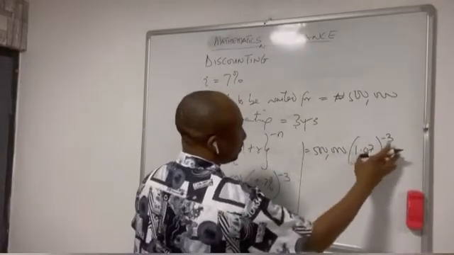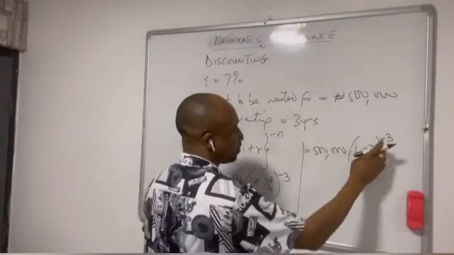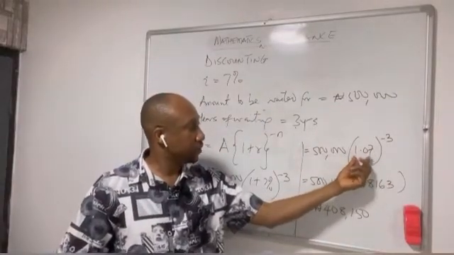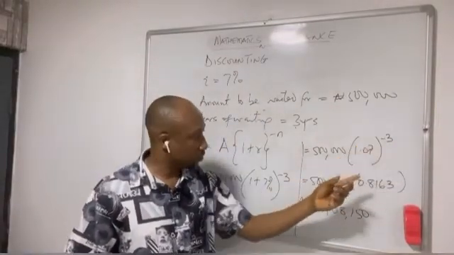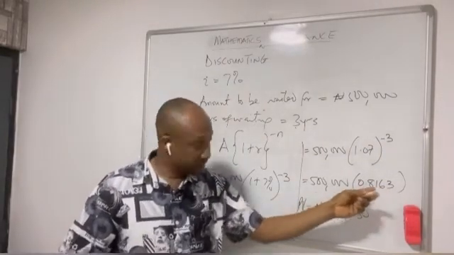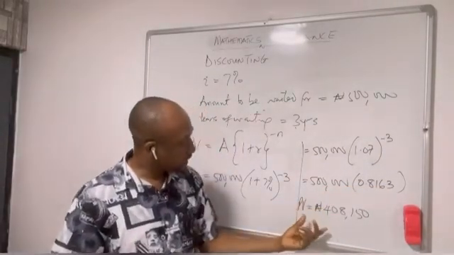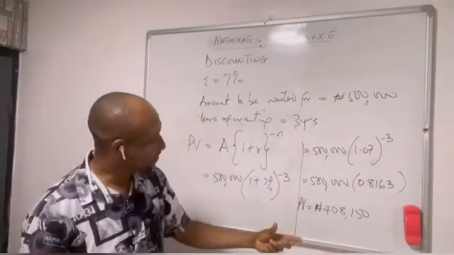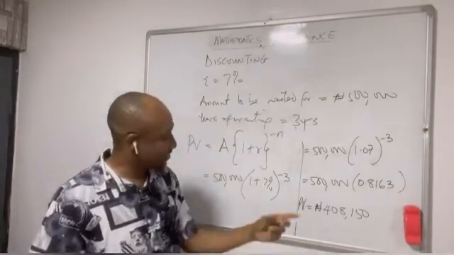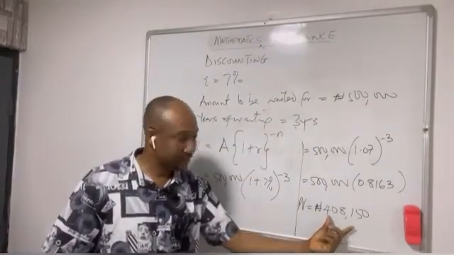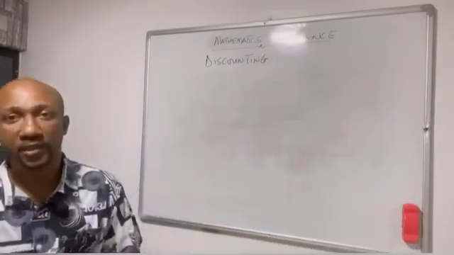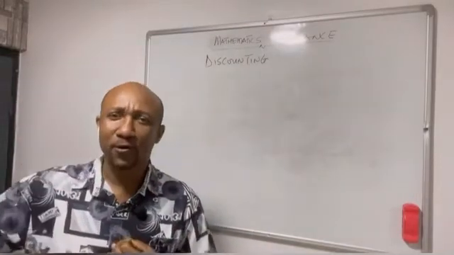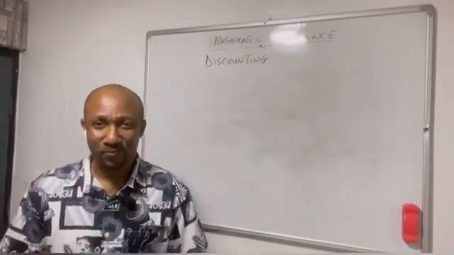If we determine the value of 1.07 raised to minus 3 by calculator, we arrive at 0.8163, and if we multiply these two, it means that the present amount that you should be willing to collect presently in place of 500,000 in 3 years' time is 408,150.